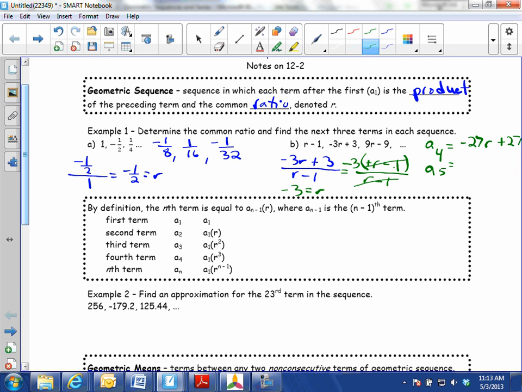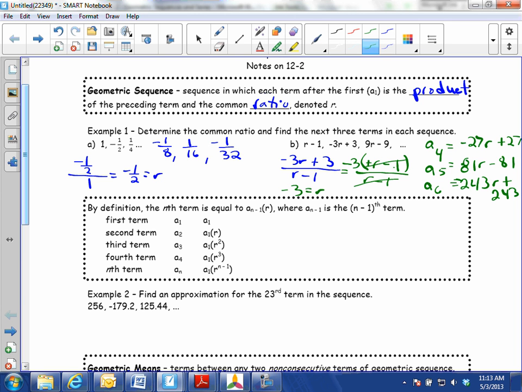Negative times negative, so it's 81r minus 81. Then the next one is 243r, and this one would be plus 243. Any questions, comments on that?